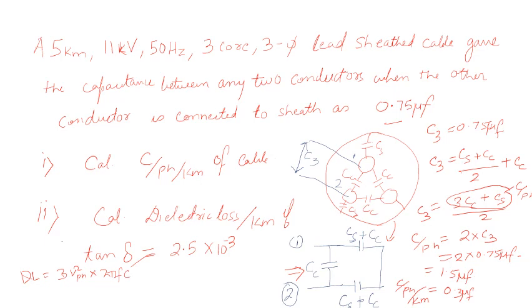Now put the values: 3 into V per phase, where the line voltage is 11, so 11 by root 3 squared, into 2 pi into 50, into C per phase, 1.5 micro, remember this micro is 10 to the power minus 6, multiplied by tan delta, right?